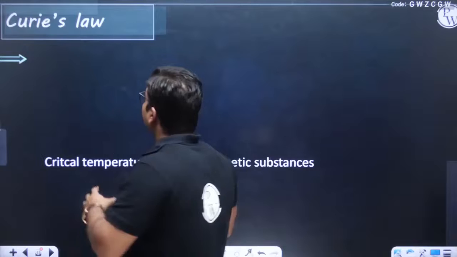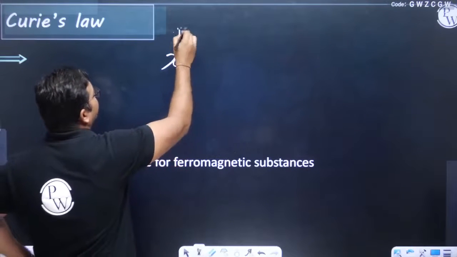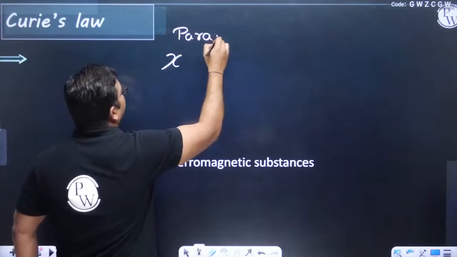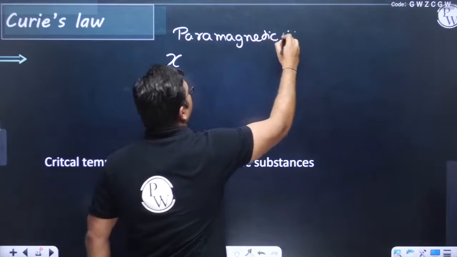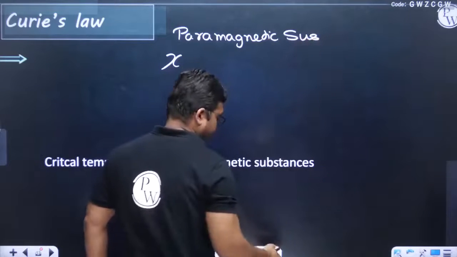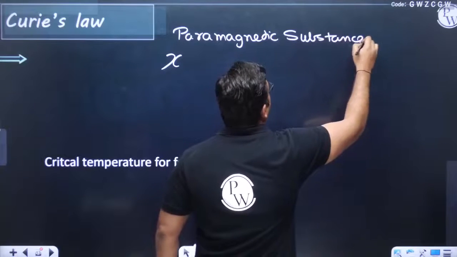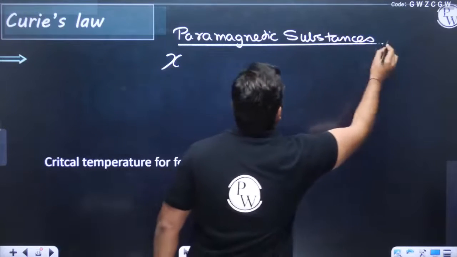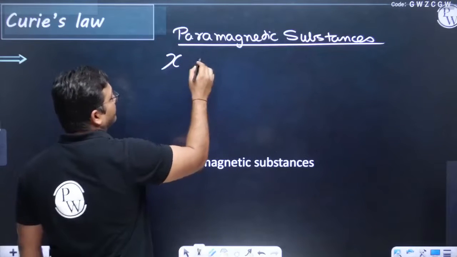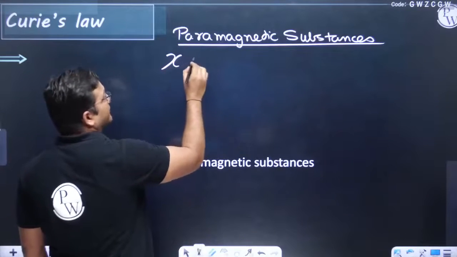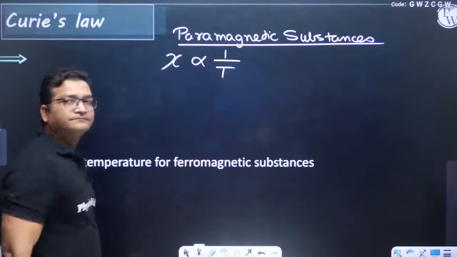So Curie found that the susceptibility of paramagnetic substances is inversely proportional to absolute temperature.